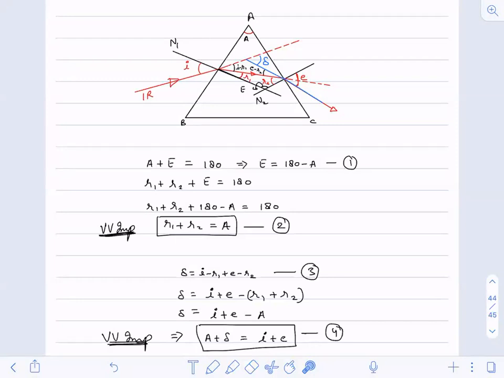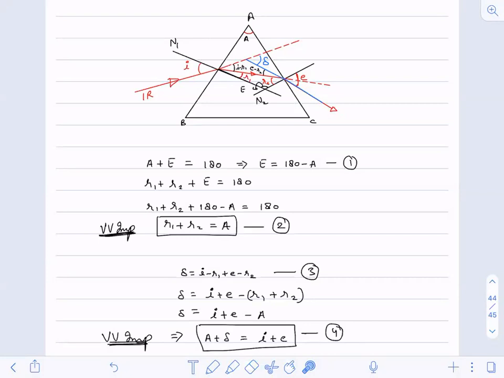So deviation angle delta depends upon the angle of prism, so it is the A value. Then delta depends upon the angle of incidence I. Delta depends upon angle of prism A, it also depends upon the angle of incidence I, and then the emergence angle.